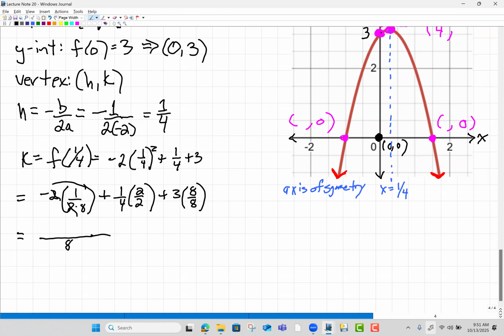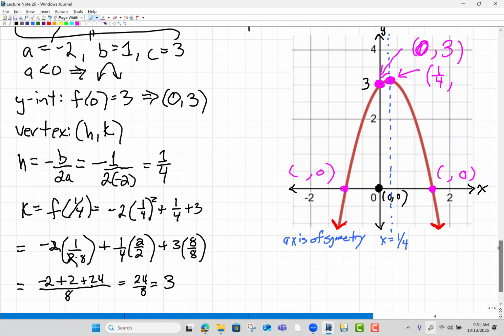What do I have? Minus 2 plus 2 plus 24. Plus 2 minus 2 cancels. 24 over 8 is 3. So that's the y value for my vertex, 3.